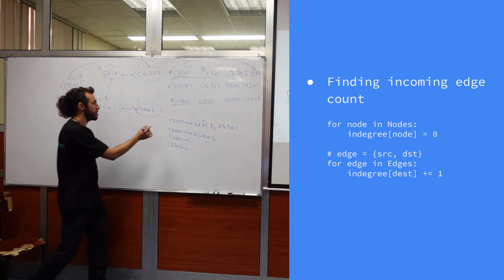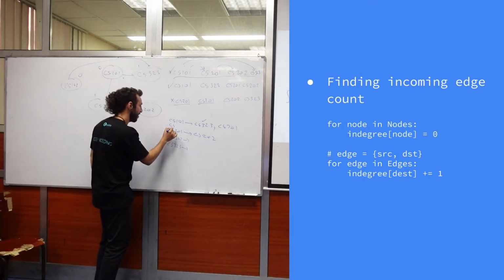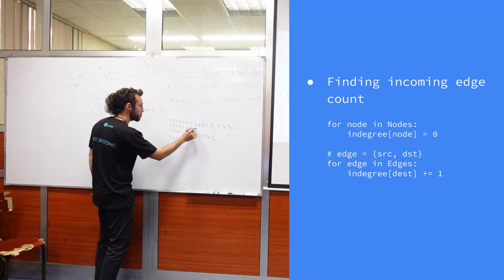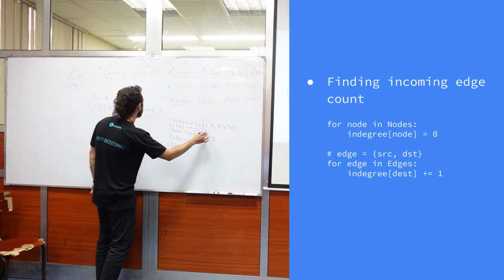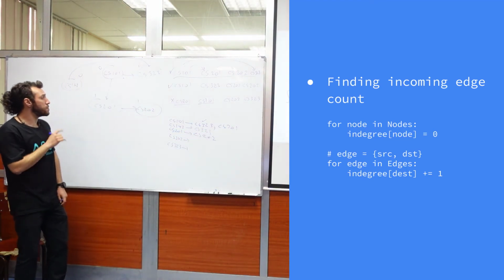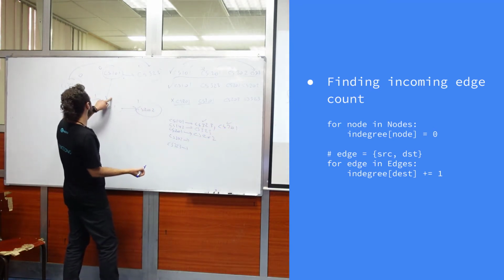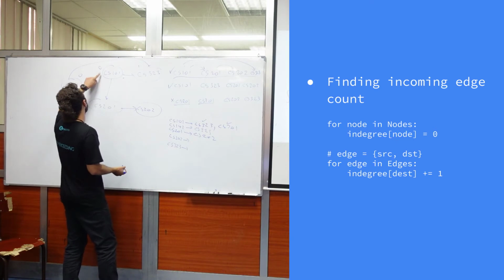In that case, let's add, oops, sorry, I forgot about this guy, 143, and it has an outgoing edge to CS323. And as a result, once we process this guy, then 201 is 1.